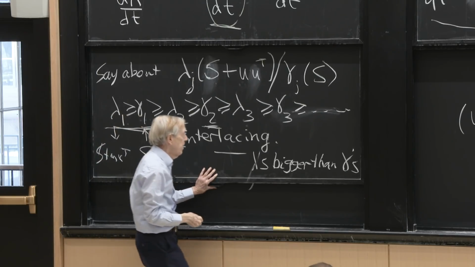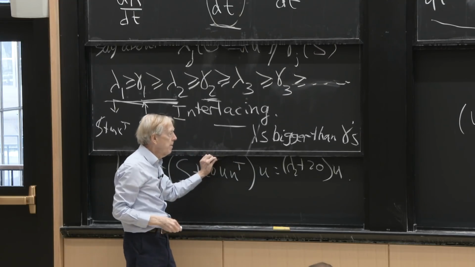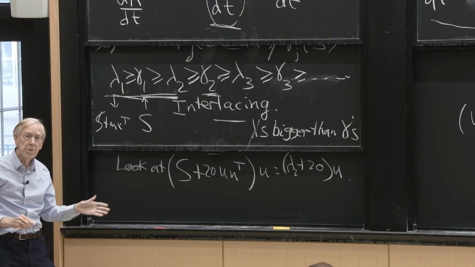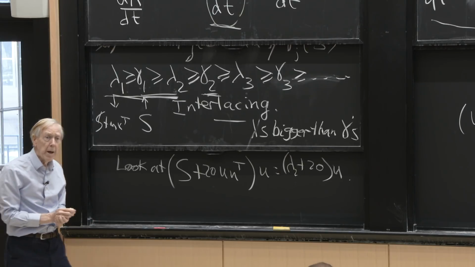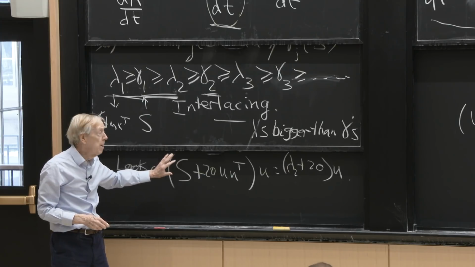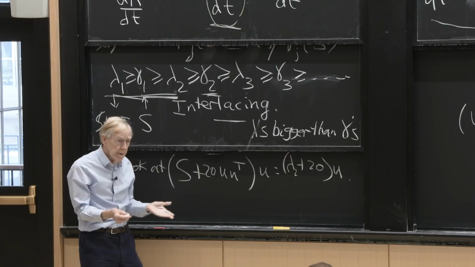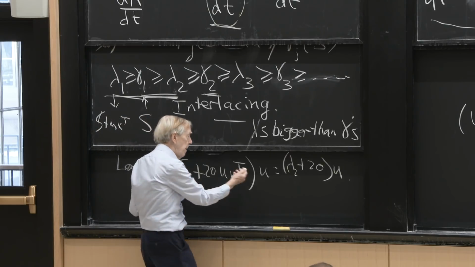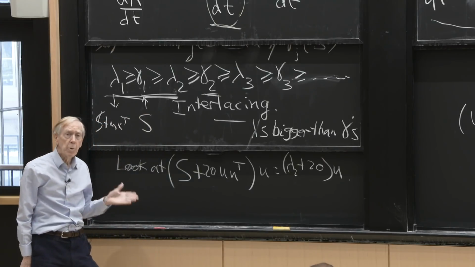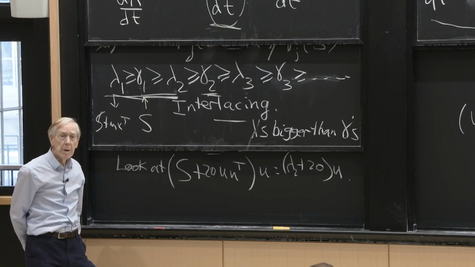You see my question? I could leave it as a question to answer next time. Let me do that. And I'll put it online so you'll see it clearly. It looks like, and it happens, that this eigenvector now has eigenvalue lambda 2 plus 20. Why doesn't that blow away this statement?